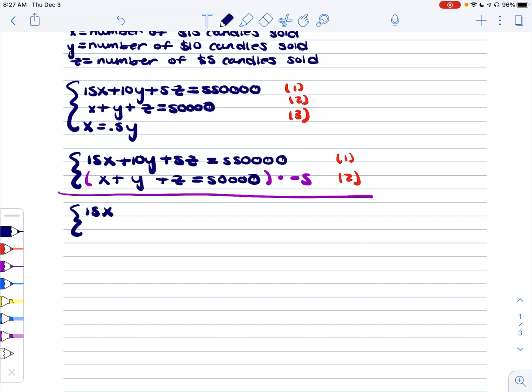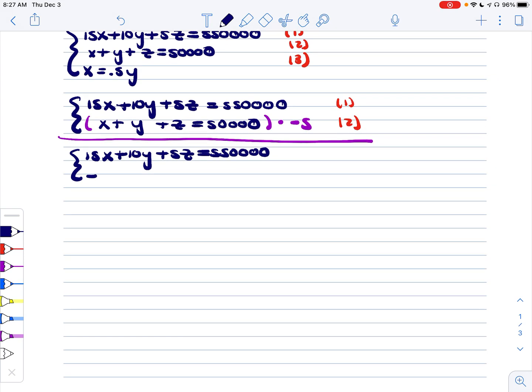So just copy down that first equation. And then our bottom equation would be -5x minus 5y minus 5z is equal to -250,000.